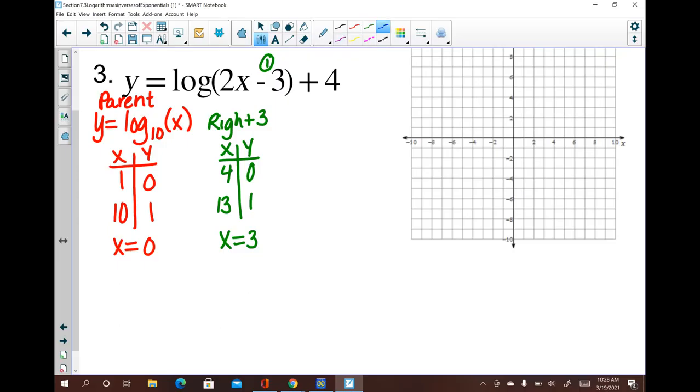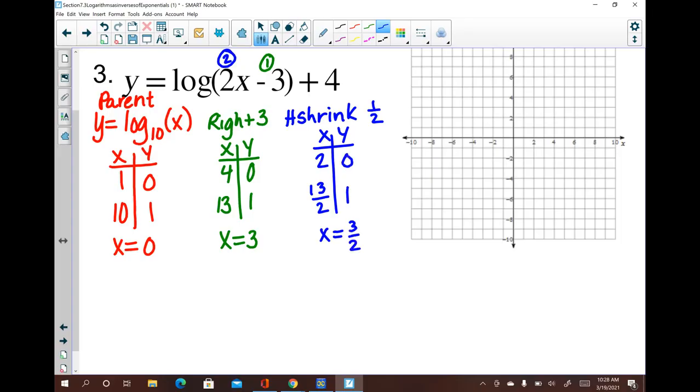The next change is a 2 multiplied by x on the inside. We have to remember reciprocal. So this is actually a horizontal shrink by 1/2, which says multiply all your x's by 1/2. So we have 2, 1, we have 13 over 2, and we have x equals 3 over 2. Our y's stay the same.